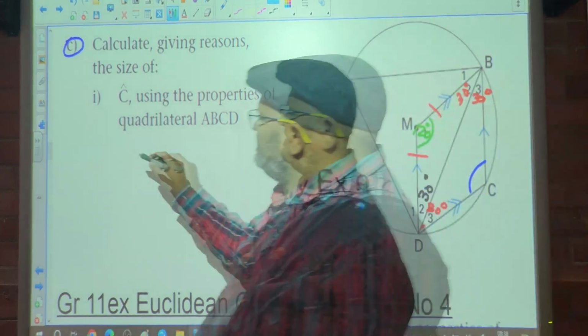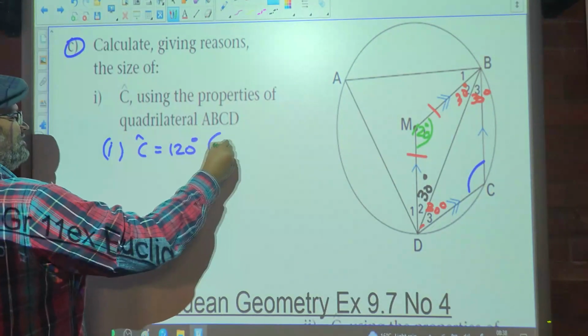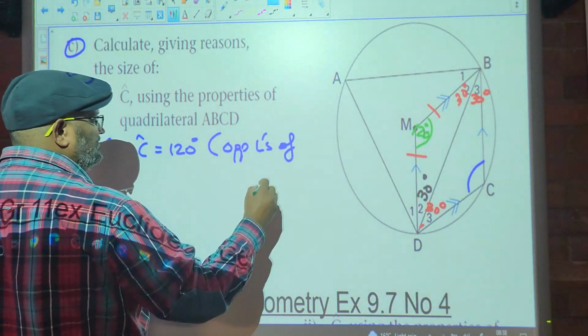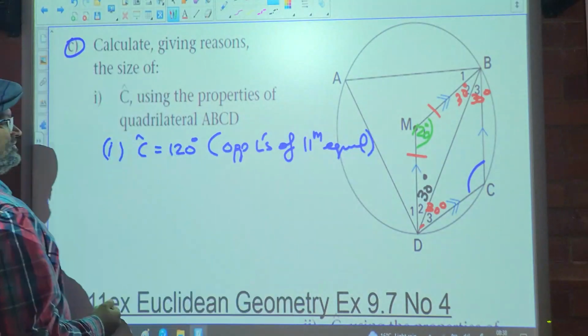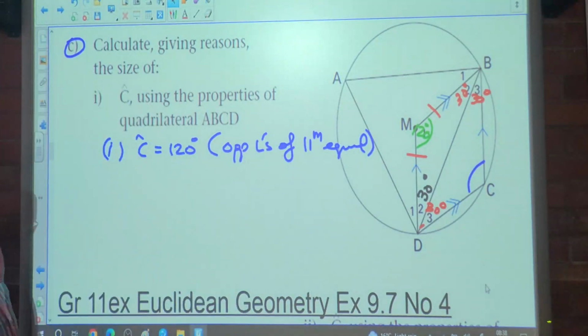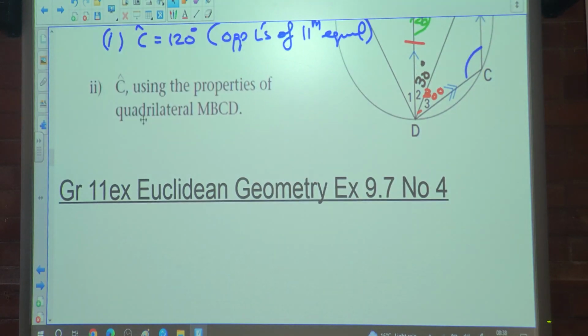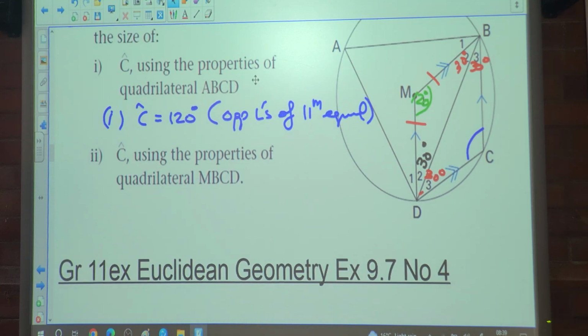So angle C is simply 120. Why? Opposite angles of a parallelogram are equal. Okay, so C is 120, using properties of a quadrilateral.